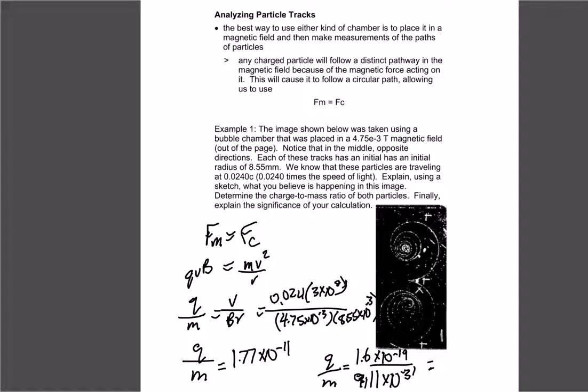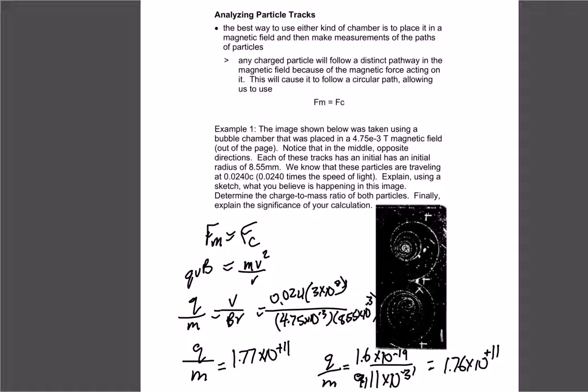The first one was 1.77, this one works out to about 1.76, so pretty much the exact same thing. Oh sorry, it was positive 11, not negative 11, for both. But we can see that the charge to mass ratio works out to be the same.